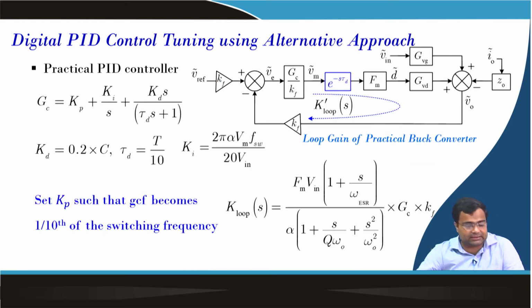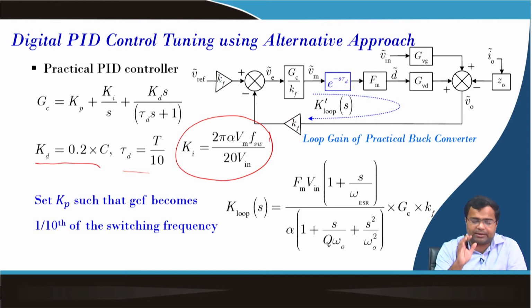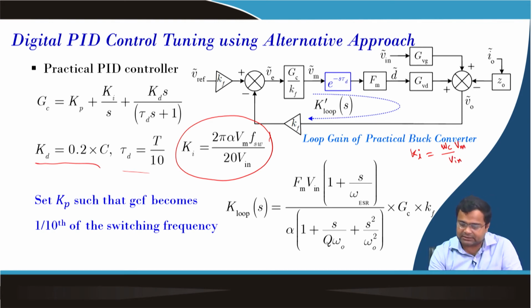Then we have also discussed that in the process of design, we set Kd, tau d and Ki to be 1/20th of the switching frequency. Typically for Ki we take omega c times Vm by Vin, something like that, divided by 1/20th of the switching frequency, and there is an alpha term.